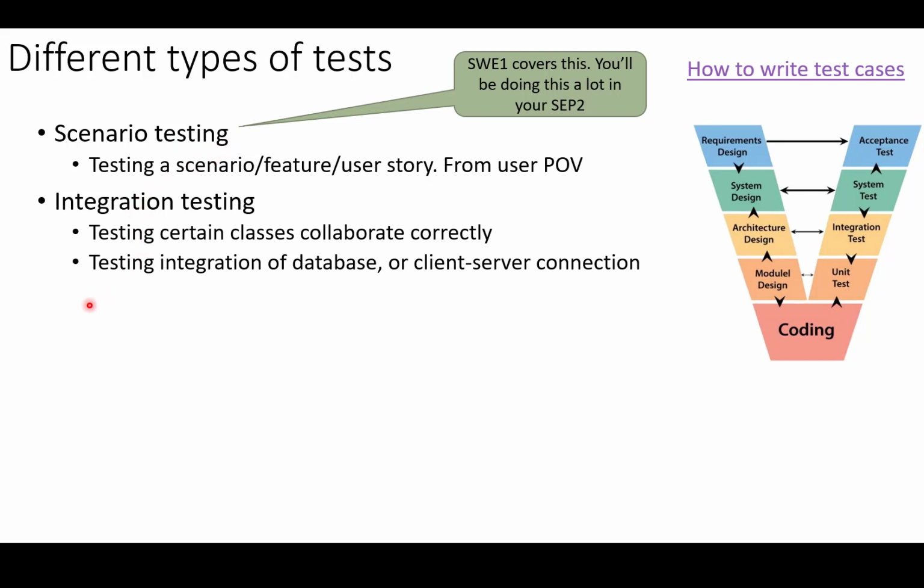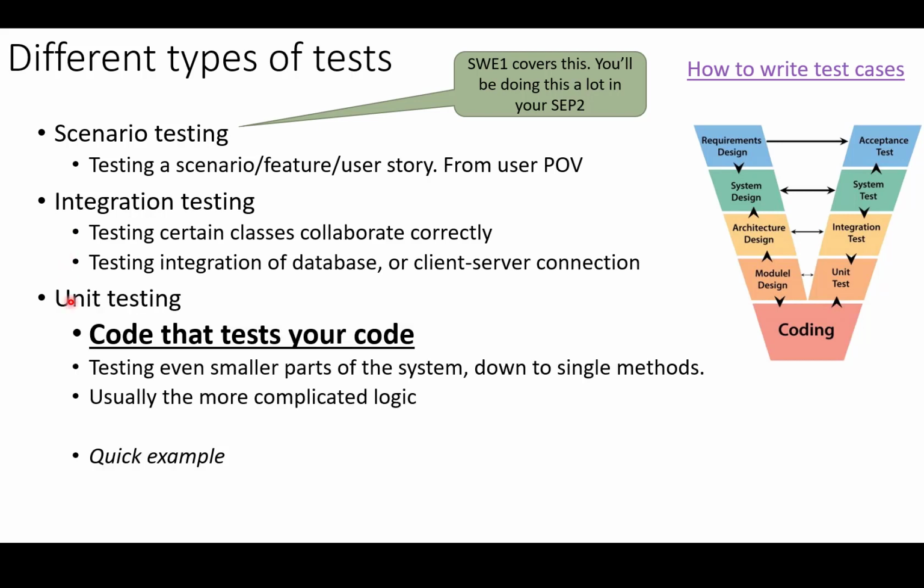Unit testing is usually for more complicated logic calculations, that kind of thing, and we just don't see that very often in the semester project. So this is the one that you can always do. Always do scenario testing. Unit testing requires that you have some complicated code to test, otherwise it might just be a bit boring.